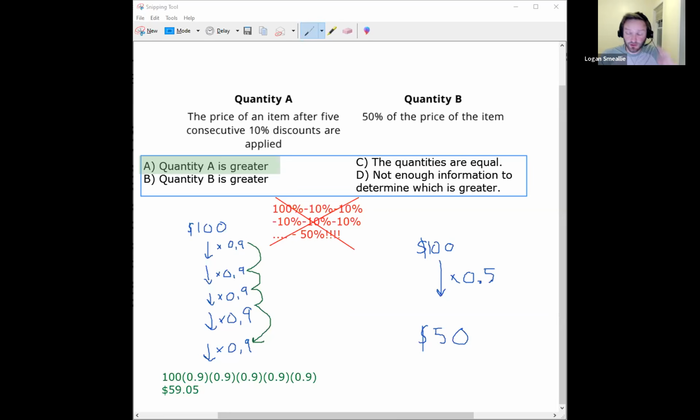How did I find the 0.9? Where did the 0.9 come from? 10% discount. If I have 10% less equals 90% of the starting point.